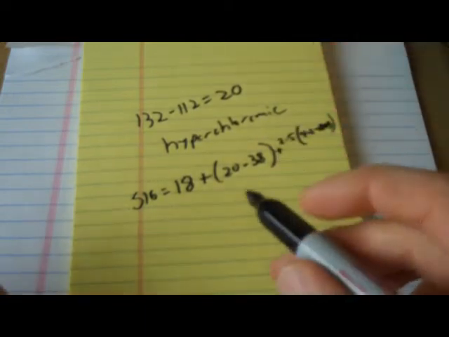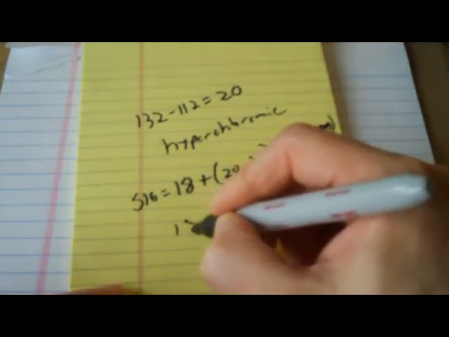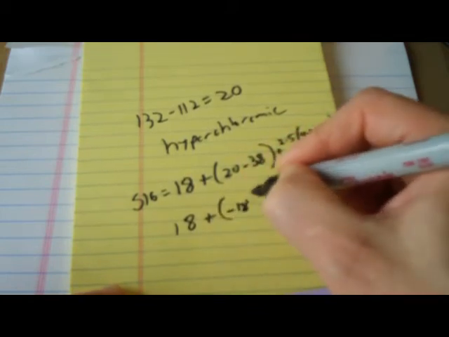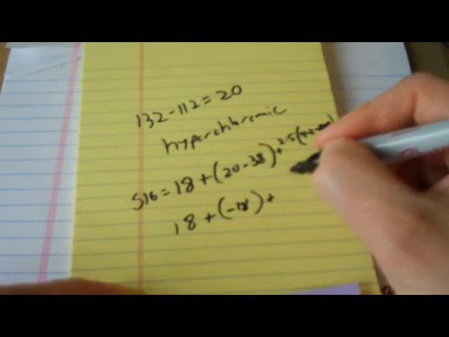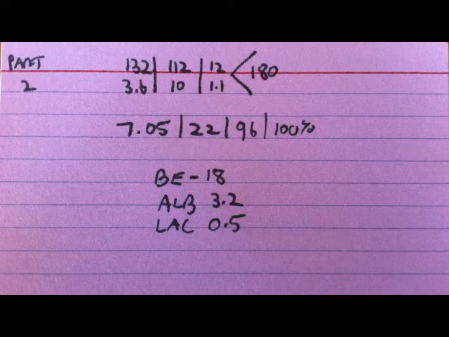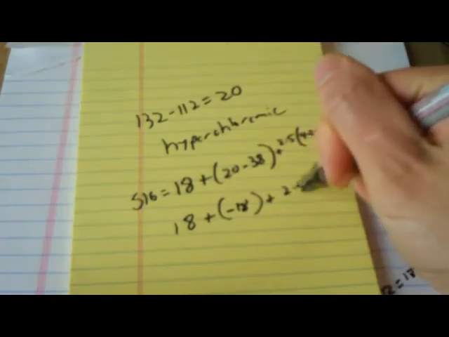So why don't we do that part so far? We have minus 18 plus 2.5. The albumin is 3.2, so 4.2 minus 3.2 is 1, so plus 2.5.